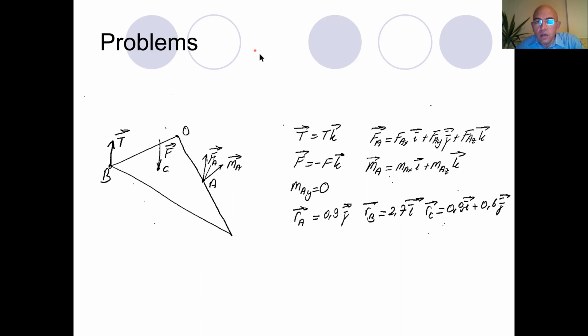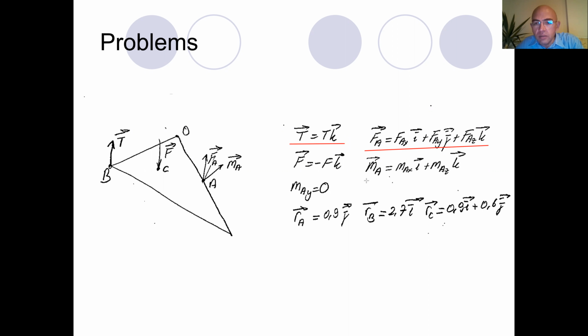In fact, I can easily say that the tension force coming from the cable is Tk. It is in the positive z direction. If I look at the reaction force at A, it will have three components. I denoted with Fa: Fax i, Fay j, and Faz k.